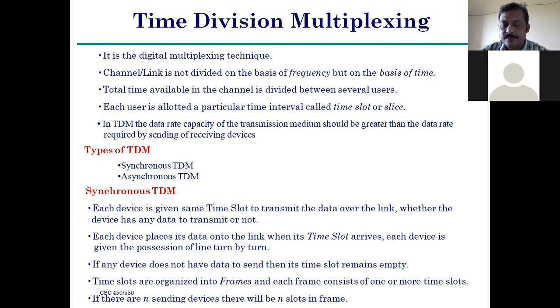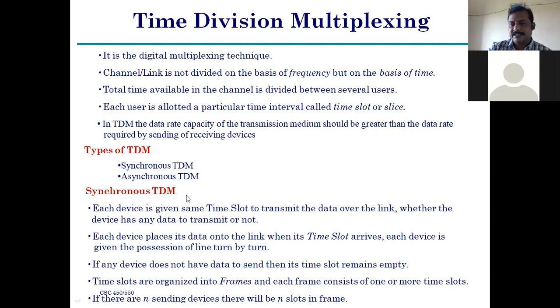Is it clear, all of you? Listen very carefully. Coming to asynchronous TDM, asynchronous TDM or ASTDM, ASTDM or dynamic time division multiplexing, both are the same. This is the clarity for the types of TDM.